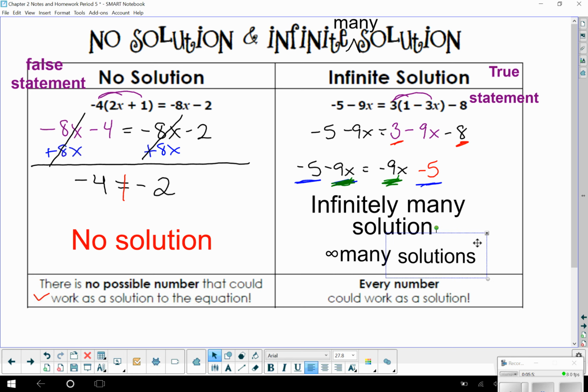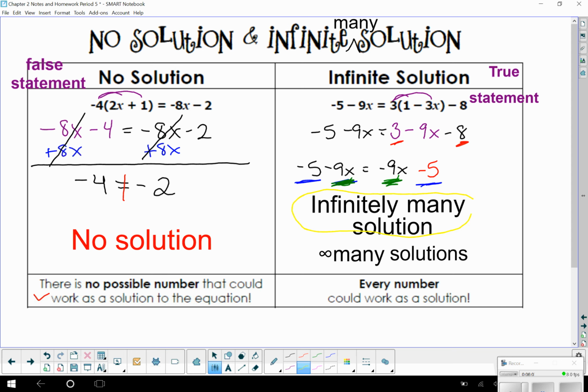So either way you guys want to write it, either way. So you either have this way to write it, or you can write it this way. But this means that no matter what number you put in there, you are going to get a solution. Every number will work for that problem.